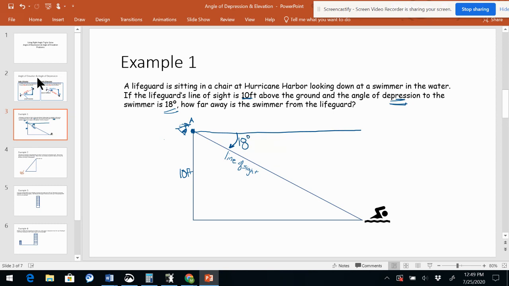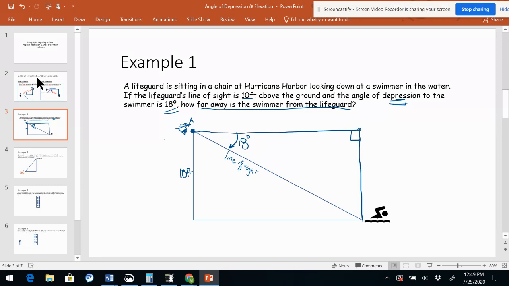I want to know how far away the swimmer is from the lifeguard. We can draw a vertical line from this horizontal line down to the swimmer. That gives us a 90-degree angle.